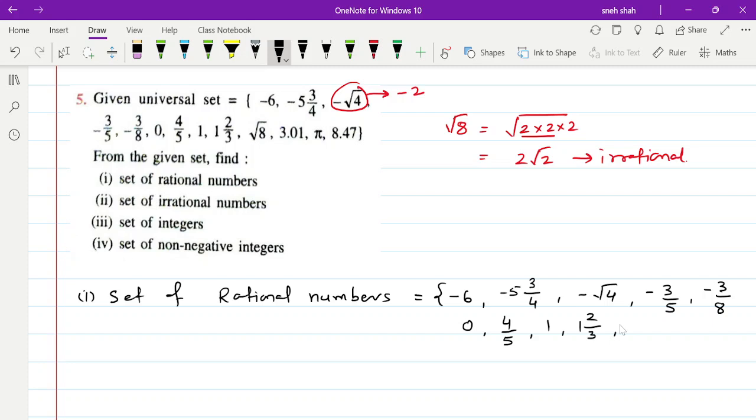Next, 3.01. 3.01 is a terminating decimal, so it must be a rational number. Pi is a fundamental fact that pi is an irrational number. 8.47 is a terminating decimal, so it's a part of rational numbers.